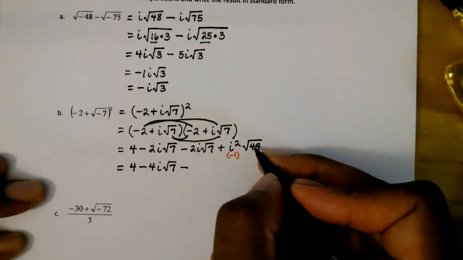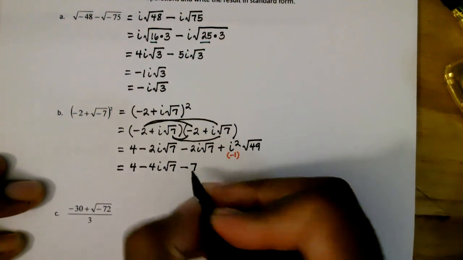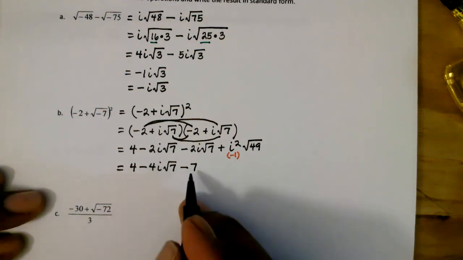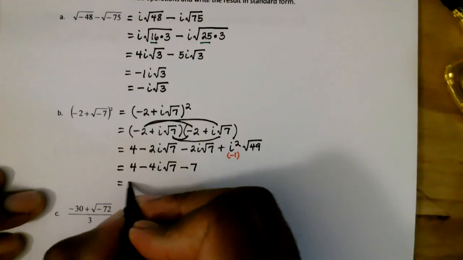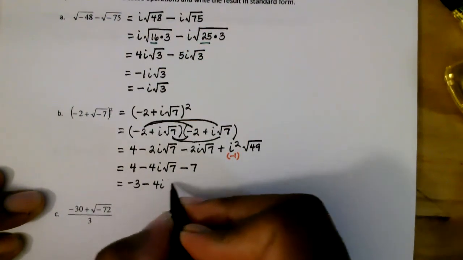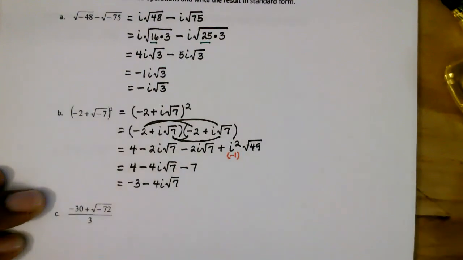The square root of 49, what number times itself gives you 49? Has to be 7. So I have 4 minus 4i square root of 7 minus 7. And then combine like terms here. 4 minus 7, negative 3. So I got negative 3 minus 4i square root of 7.